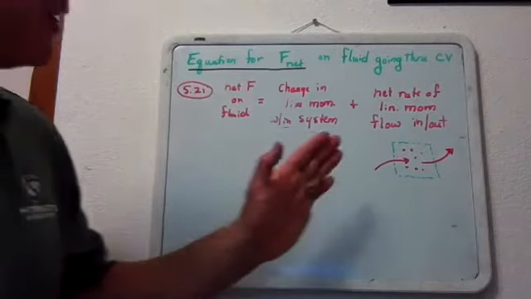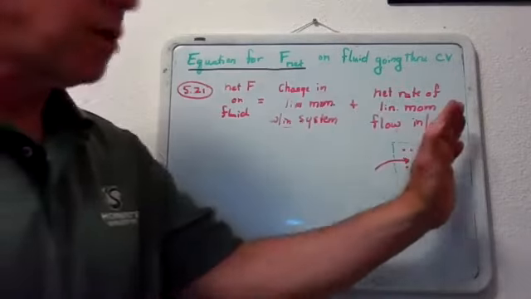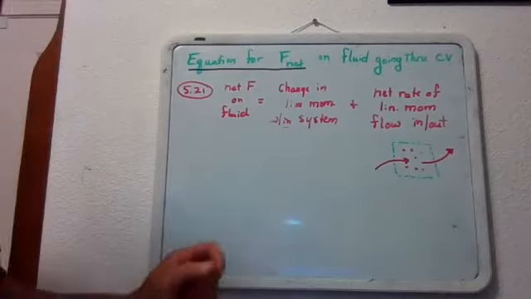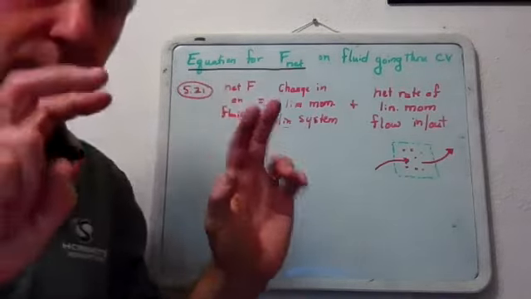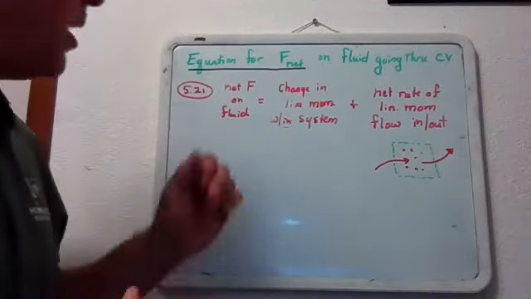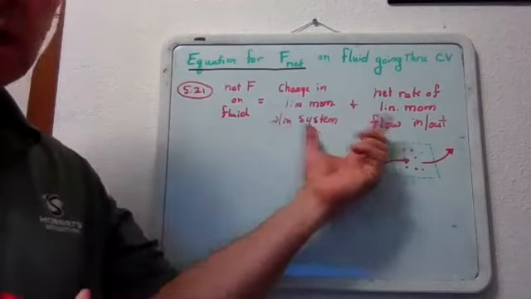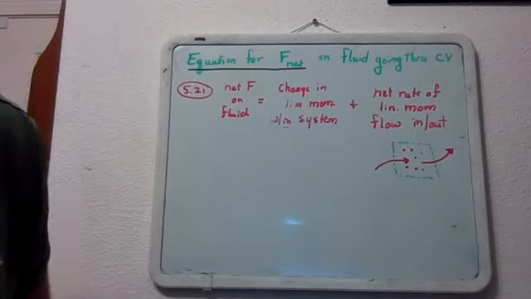And another thing that could be going on is that there could be linear momentum flow in and linear momentum flow out. If we want to get the net force on the fluid going through the control volume, we take these two things and add them. Very rough. I wish I had time to make it more precise.